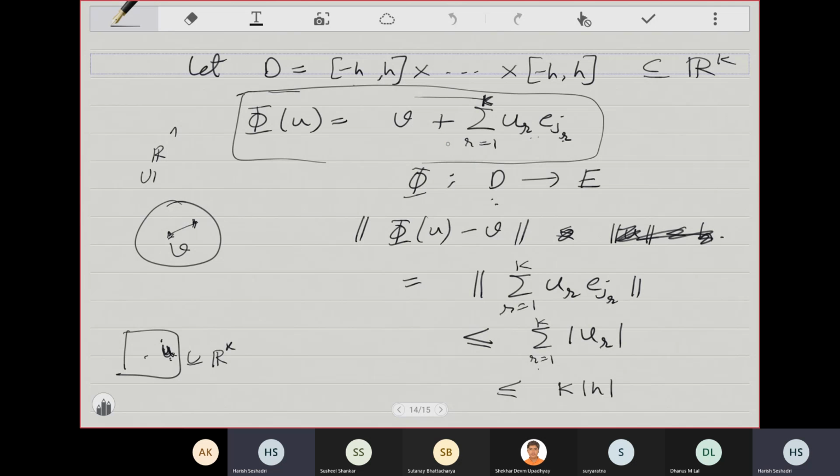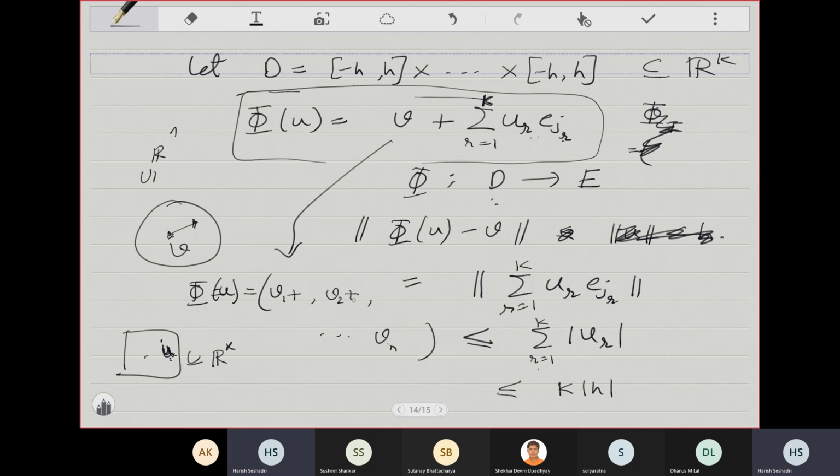If you look at this function phi and take an index I, in general, phi of u will be of the form v1, v2, I'm leaving some space deliberately, vn, plus plus plus.